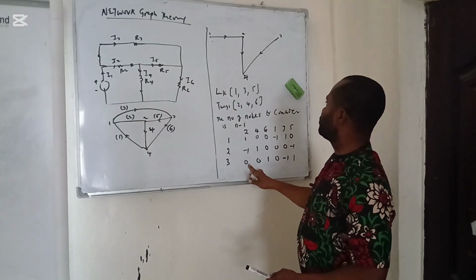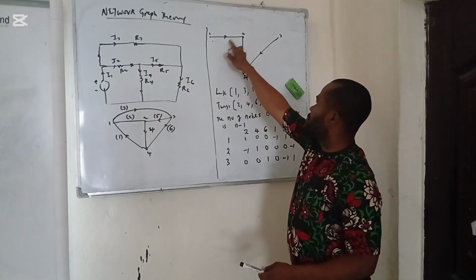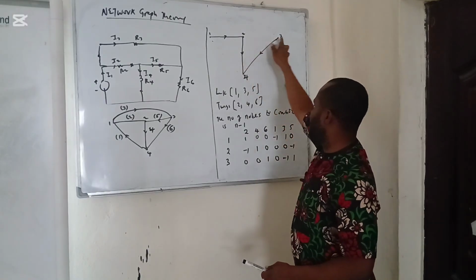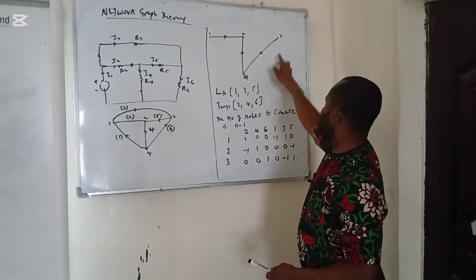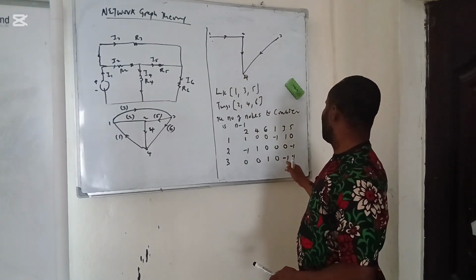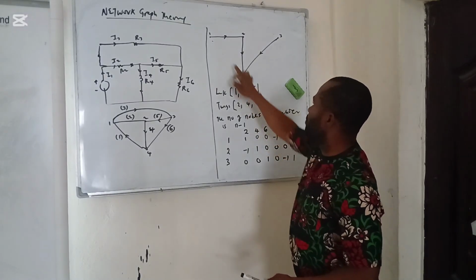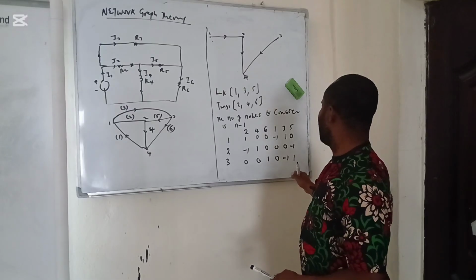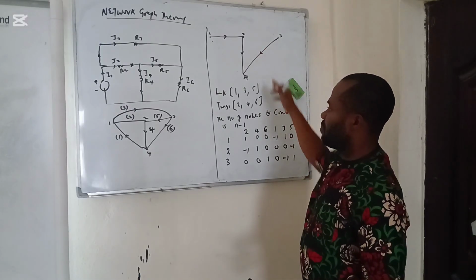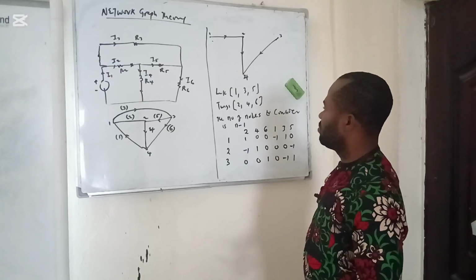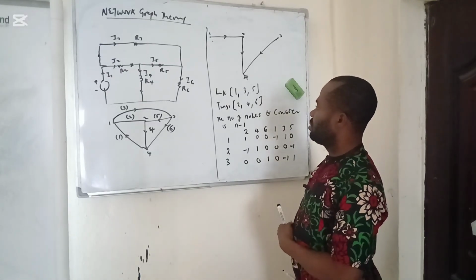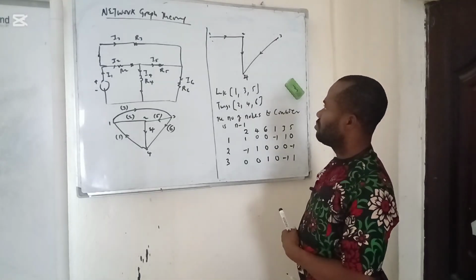Branch 2, no relationship. We have 4, no relationship. We have 6 moving away from node 3, and 1, no relationship. We have 3 moving towards 3, minus 1, and we have 5 moving away from this. So that is how it is.